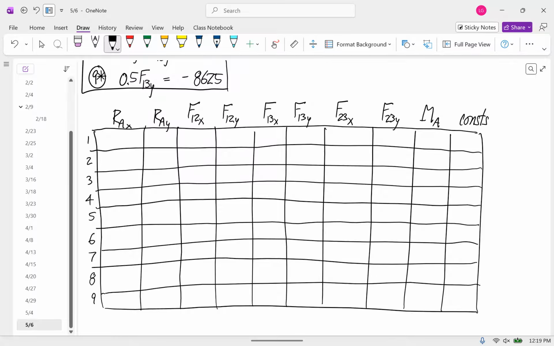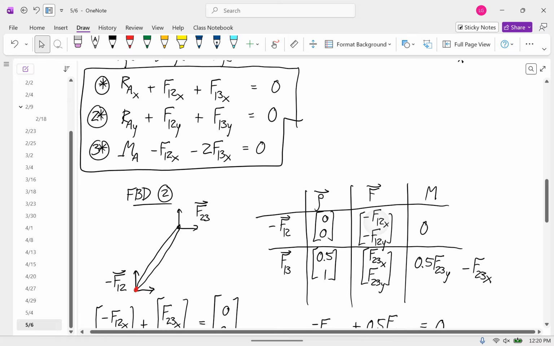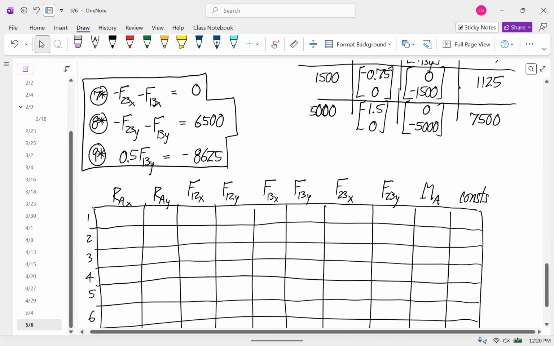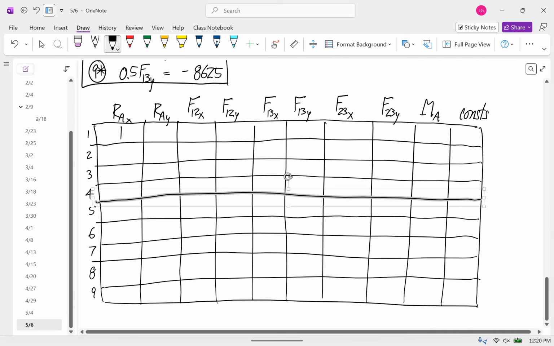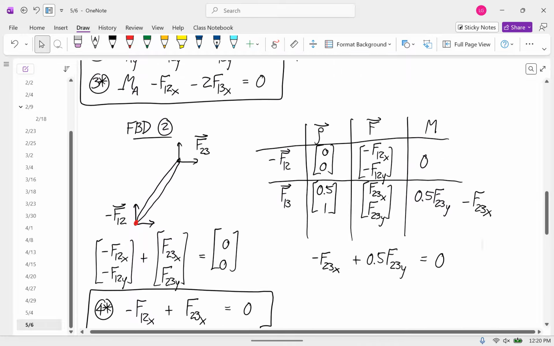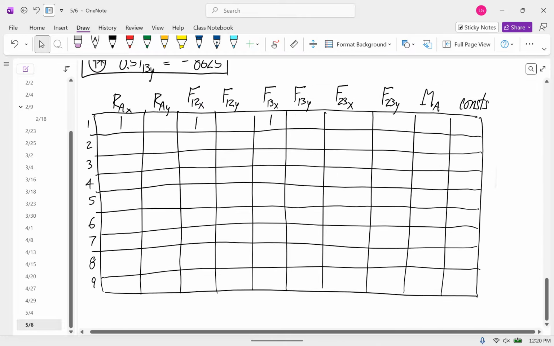And so equation 1, we have coefficients of 1 for RAX, F12X, and F13X. So 1, 1, 1, and everything else is zeros. And then the next one is just the y's of the same stuff.